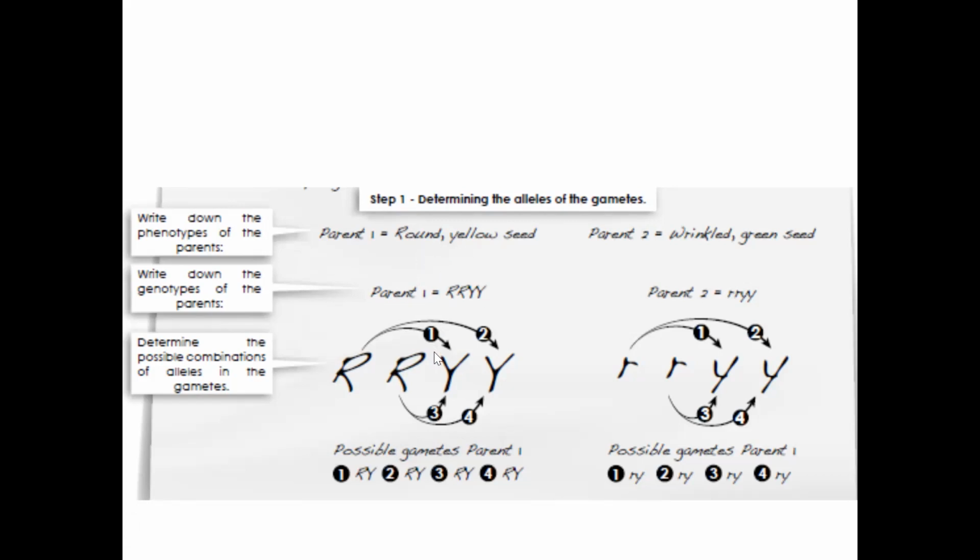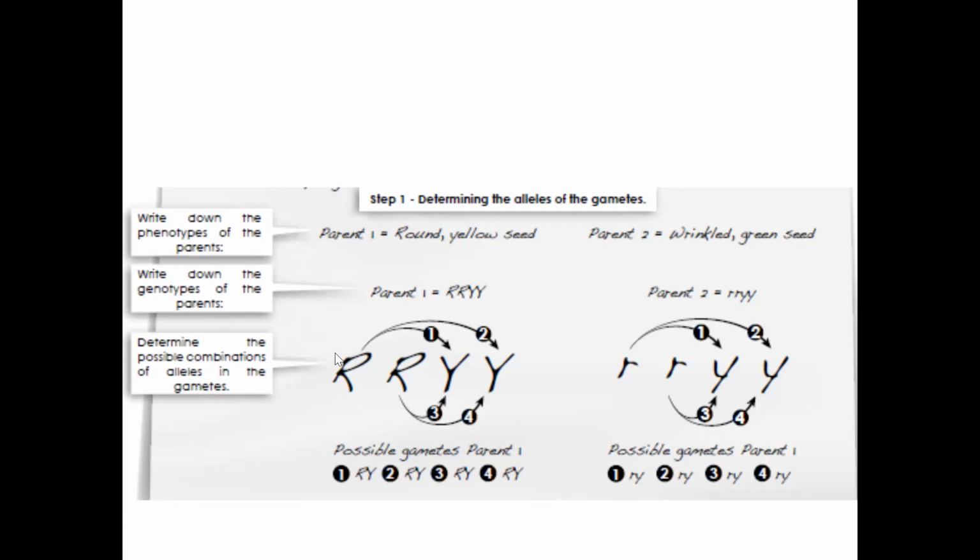To look at the possible gametes, the four that we're going to get, we have to use something called FOIL. You may know this from maths before. FOIL stands for first, outer, inner, last.